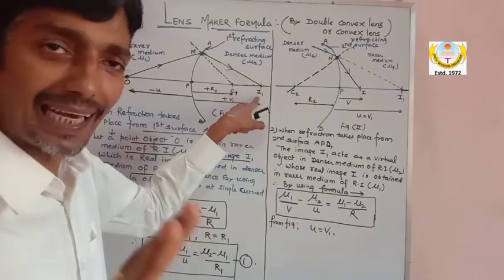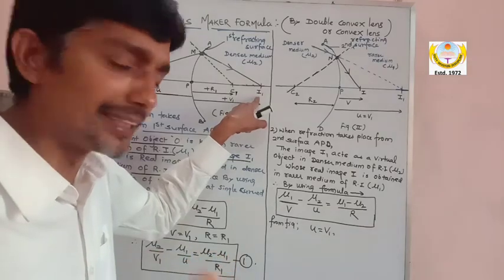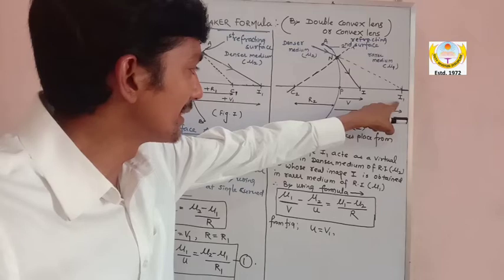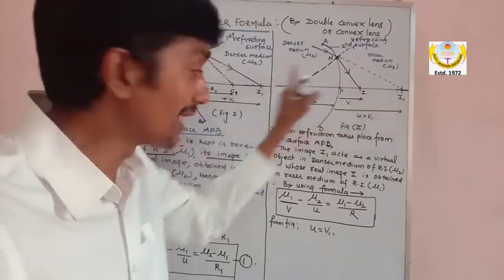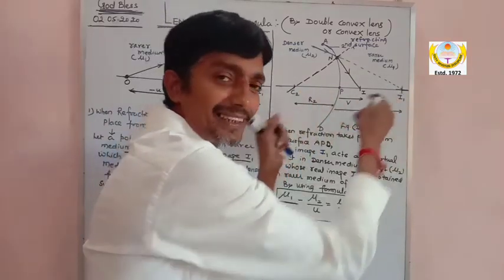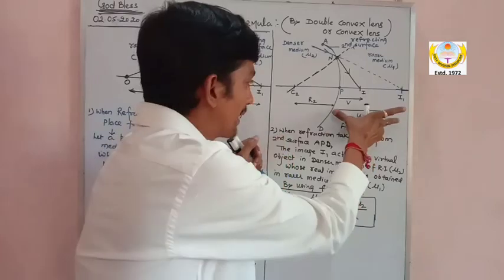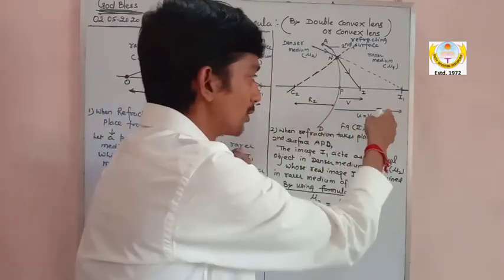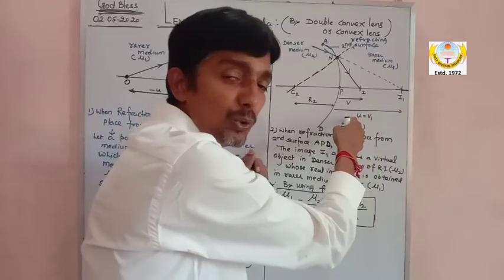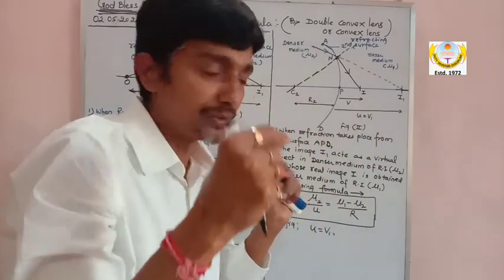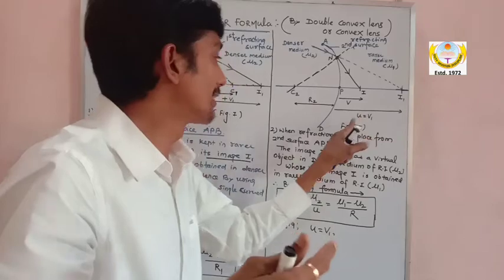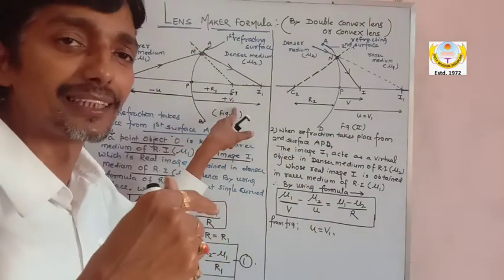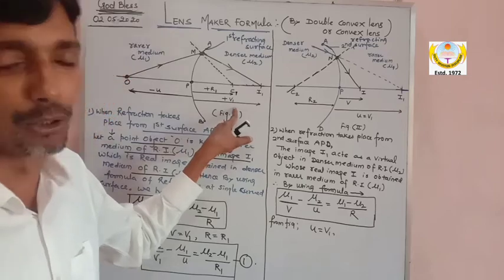The earlier image I1, which was obtained at a distance of V1, now becomes the object for this case. So the object distance U is now equal to the earlier image distance. And how much is the earlier image distance? V1. I hope it is so simple.